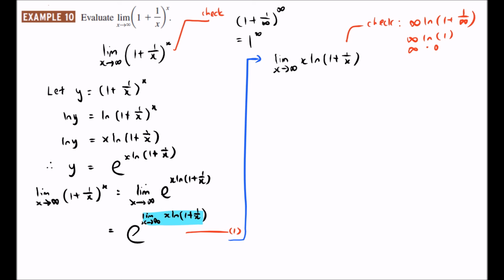So you express it as f(x) over g(x). So ln we keep at the numerator, we bring the x down, so we have 1 over x. Okay, so now how? L'Hopital's Rule, right? So now you can use L'Hopital's Rule: square bracket prime over 1 over x prime.